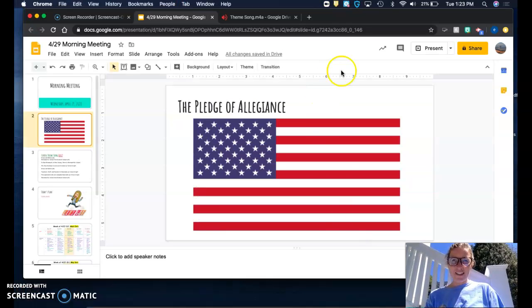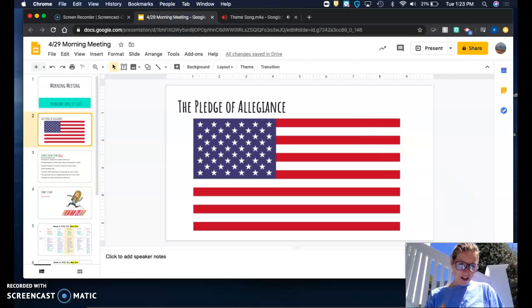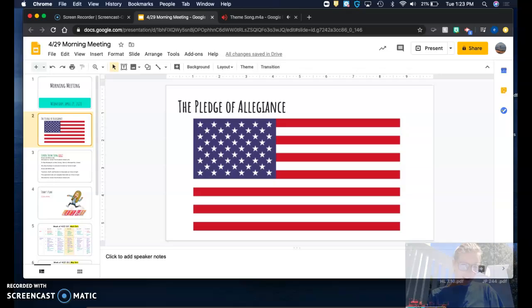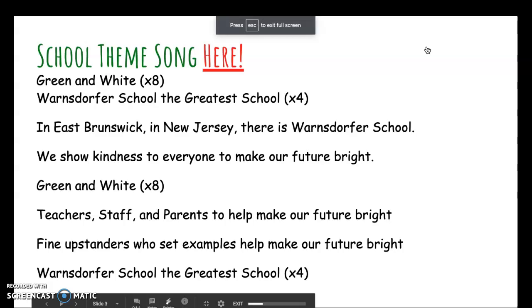Now for our school theme song. A green and white, a green and white. One's off for school, the greatest school. In East Brunswick, in New Jersey, there is one star for school.